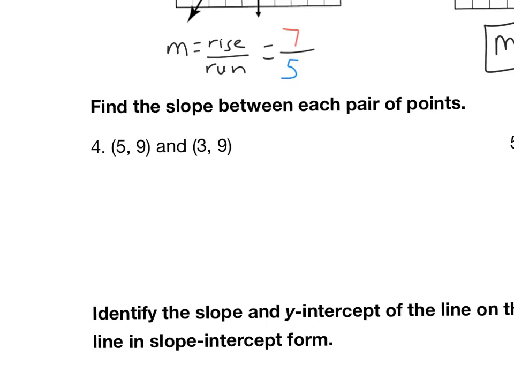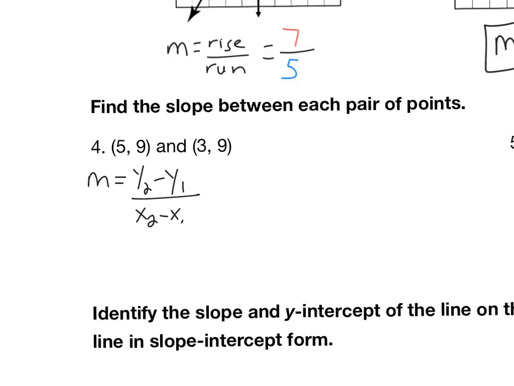Find the slope between each pair of points. So for this, you'd need the slope formula, which you should have memorized by now. And that slope formula is m equals y2 minus y1 over x2 minus x1. There's your change in y over change in x again, because that's really what slope is.